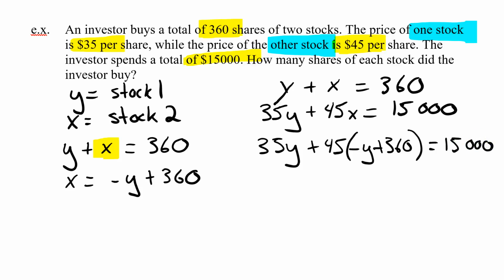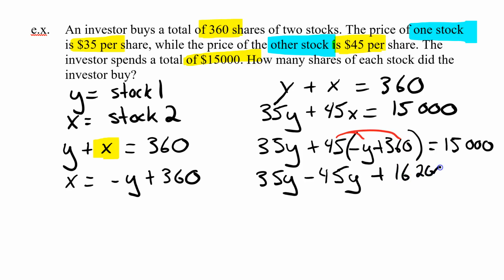So I'm going to simply take the 45 and times it by everything in the brackets. 35y. Now watch your signs here. You've got positive 45 times negative y is negative 45y. And of course 45 times 360, we can pull out a calculator, but we're going to get positive 16,200 equals 15 grand.